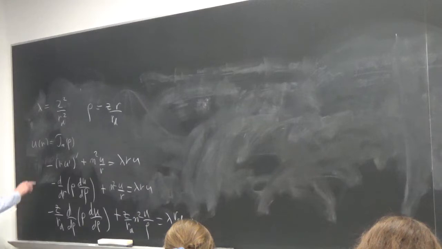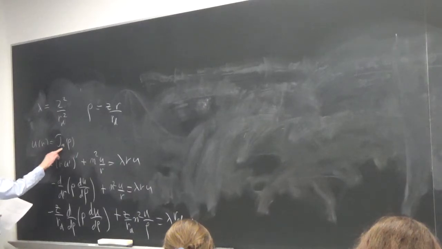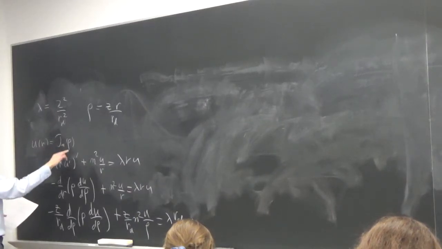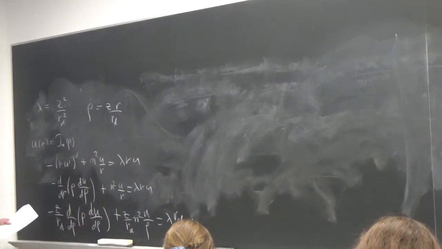And we're going to set u equal to J_n of rho, so this was actually u of r.